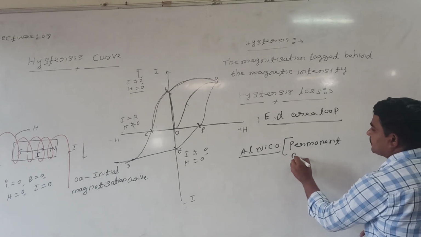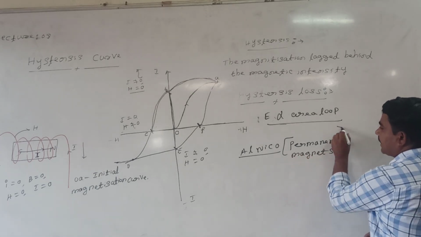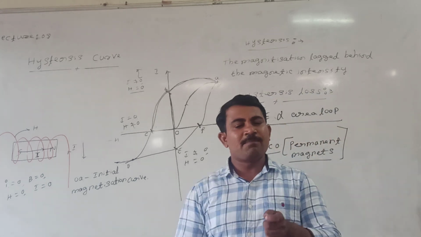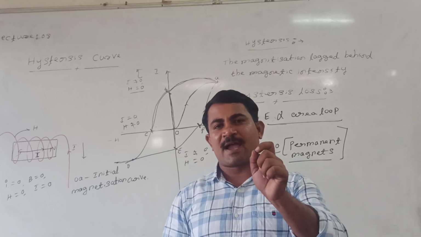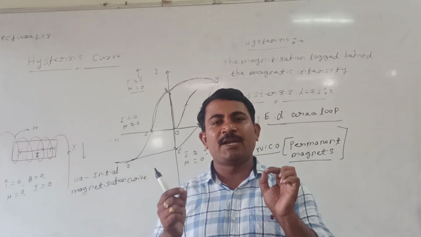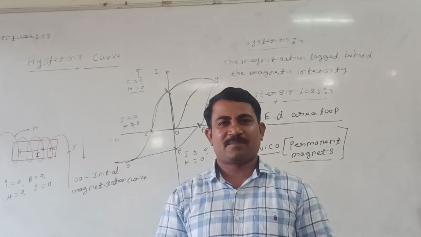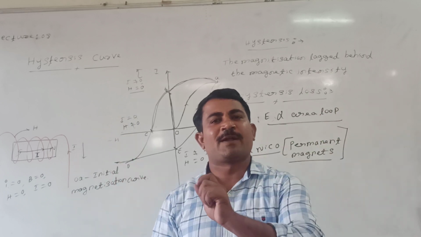What is the meaning of permanent magnets? Permanent magnets mean, once you magnetize the ferromagnetic material, it retains its ferromagnetic property for a long time. The material which retains ferromagnetic property for a long time once you magnetize it, that we are calling permanent magnets.